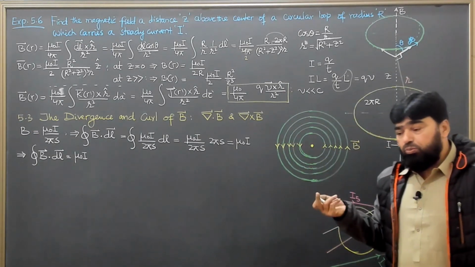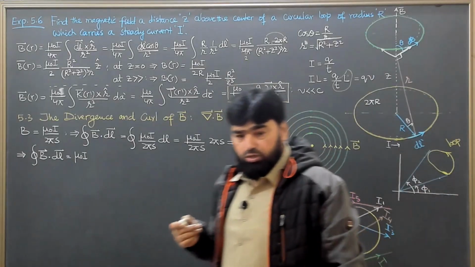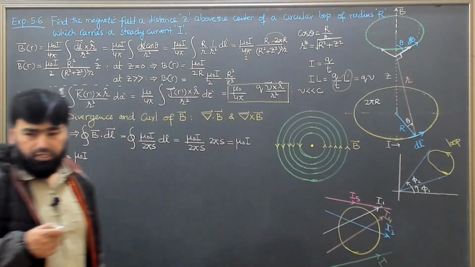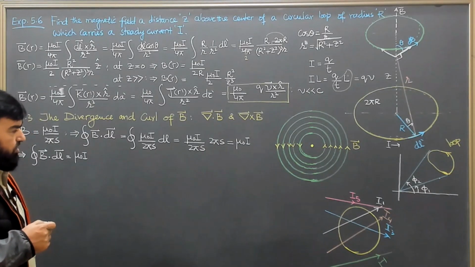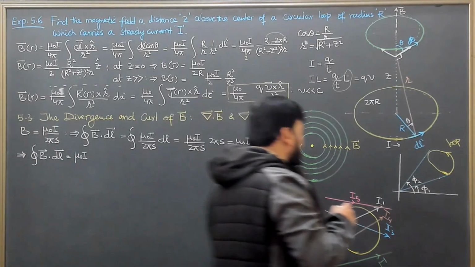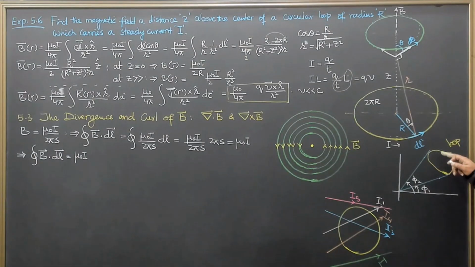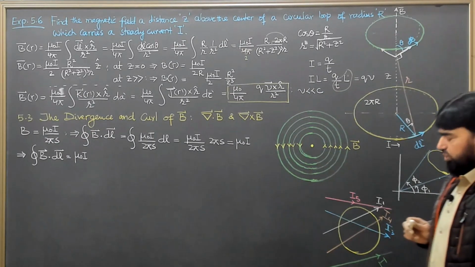What if the loop is not exactly circular? Then what will happen? We are addressing this: if there is an arbitrary shape of the loop and the current is passing through that loop, like the loop is enclosing that current, then what will happen?